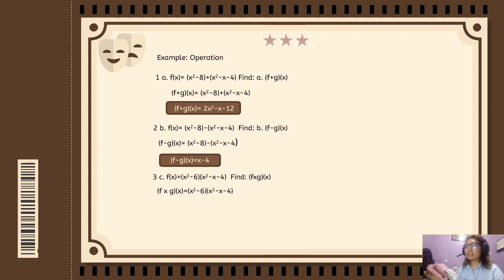C of x, ito na. Nilagay na natin siya. Nilagay na natin dito. So, ayan na yung mismo ano natin. Ang gagawin lang natin dito ay multiply natin. Multiply natin to.